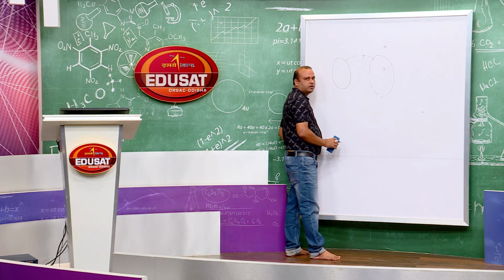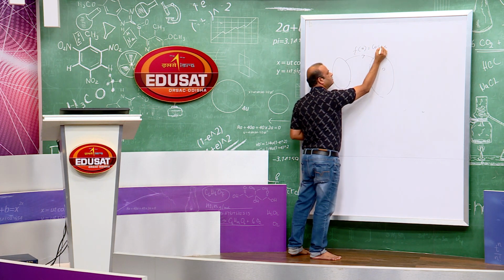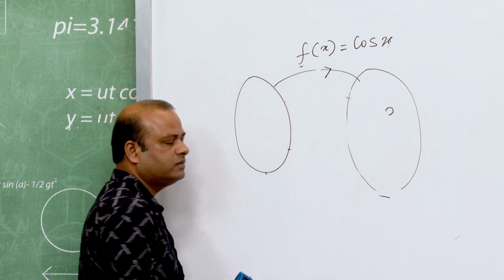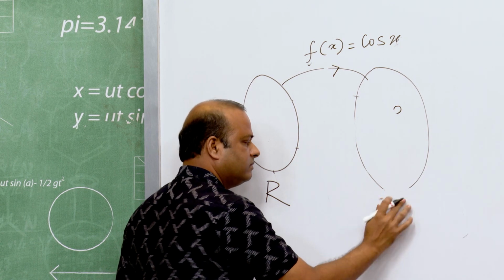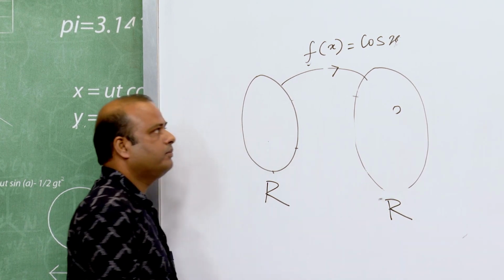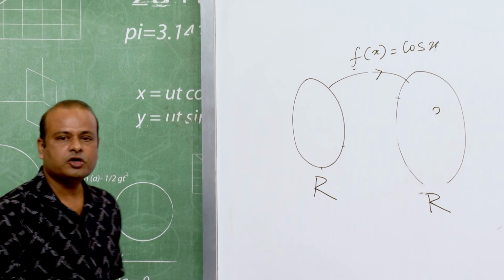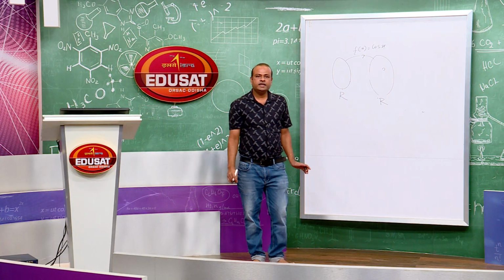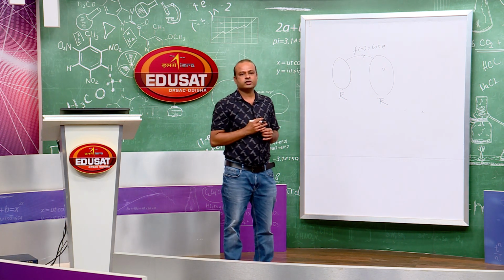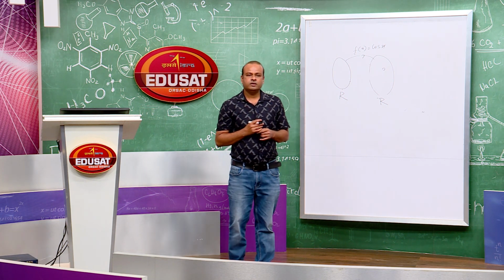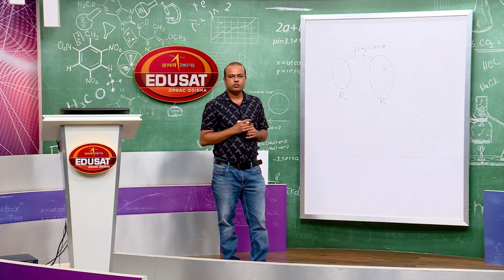If you take the function f of x equals cos x, its domain is R and codomain is also R. But in this domain and codomain the inverse does not exist, because the function is not one-one and also not onto.